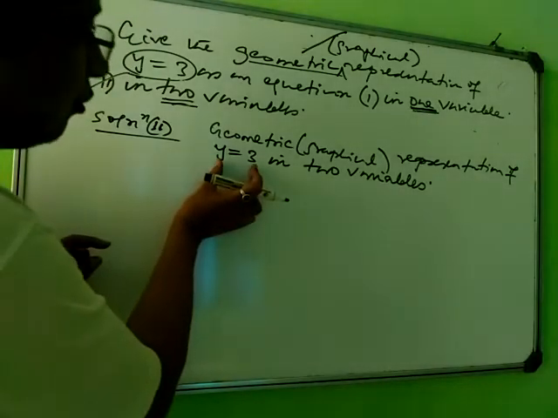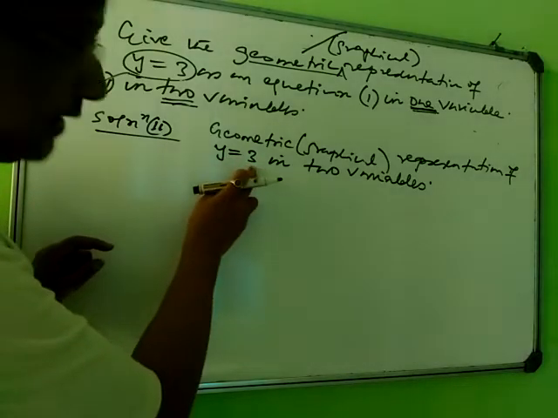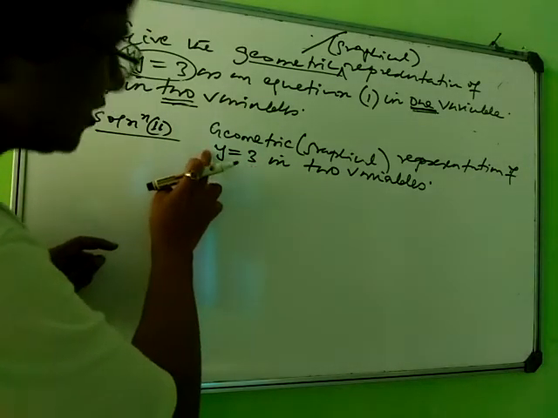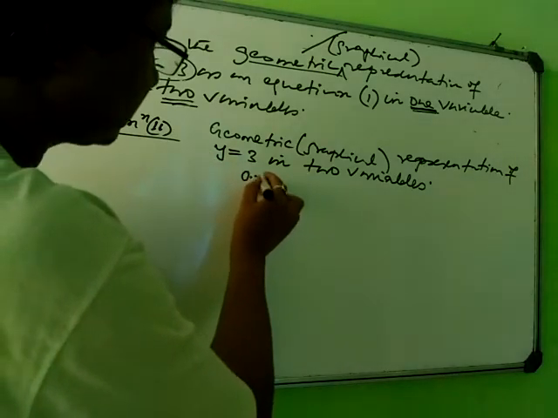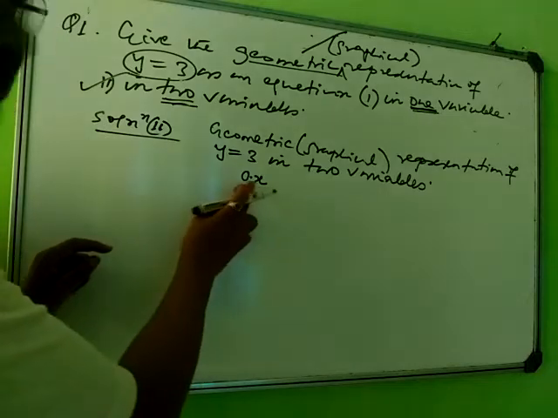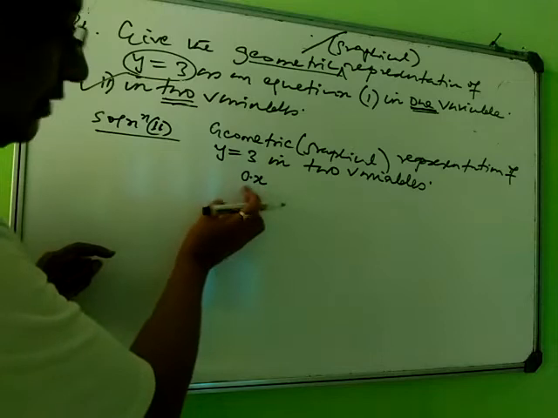Here there is no x, there is y, and this is the constant. As there is no x, you will be taking 0 into x. 0 into x means 0.